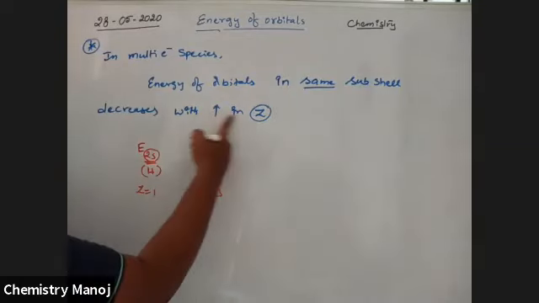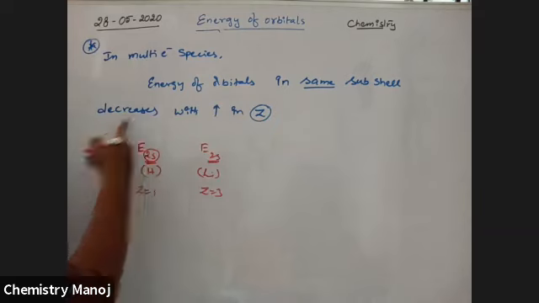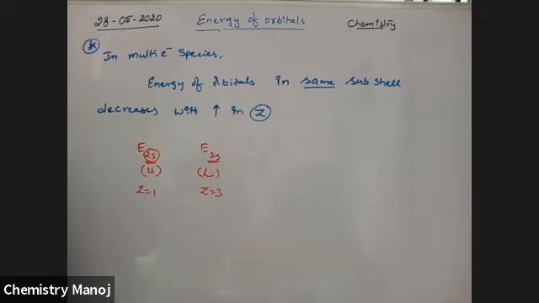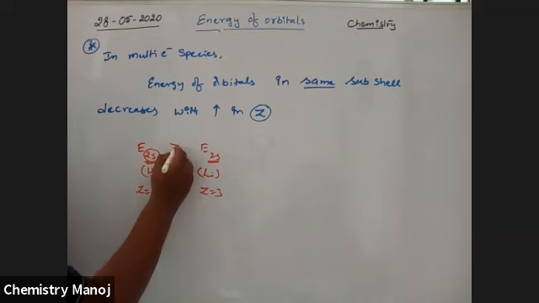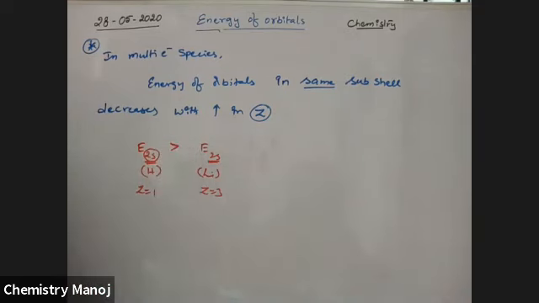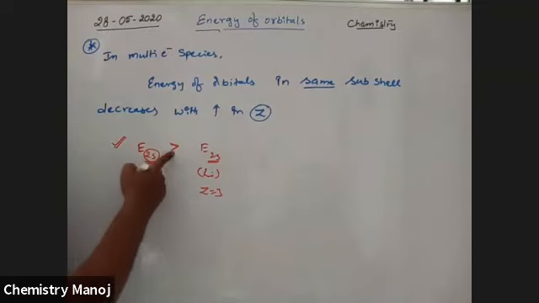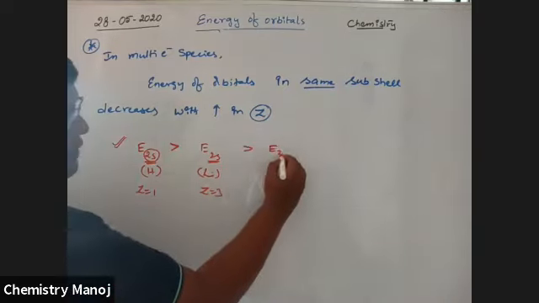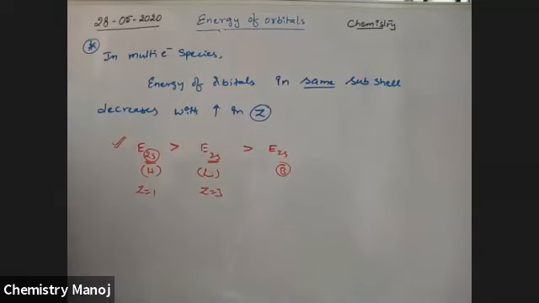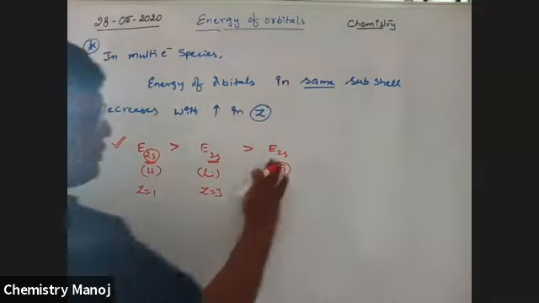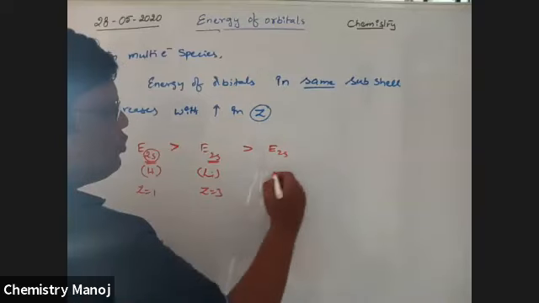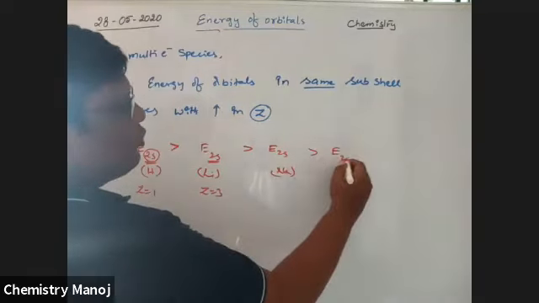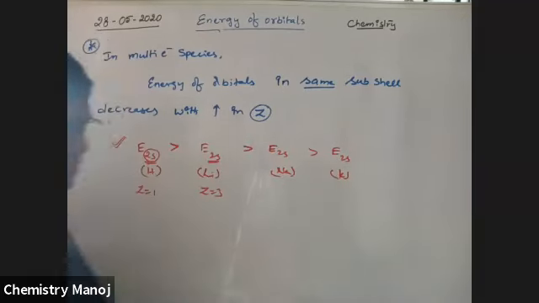So as atomic number increases, the energy of the subshell decreases. Energy of the 2s orbital in hydrogen is greater than that of the 2s orbital in lithium, which is greater than that of the 2s orbital in sodium, and then potassium.